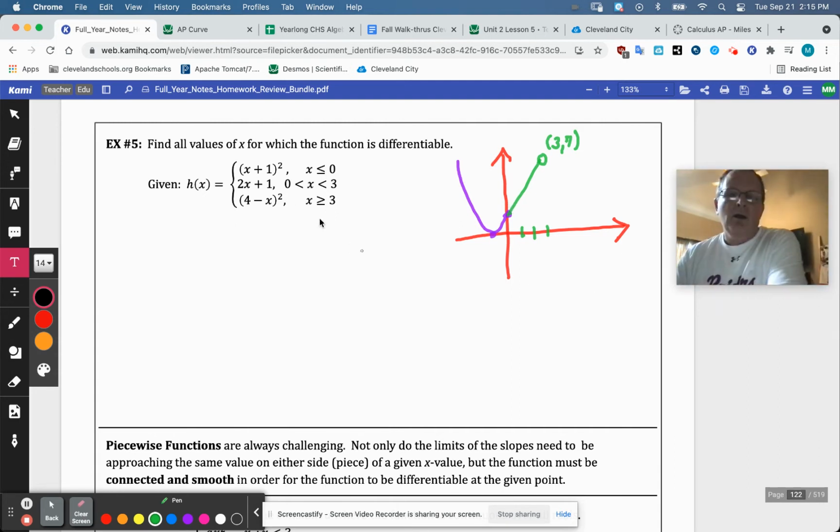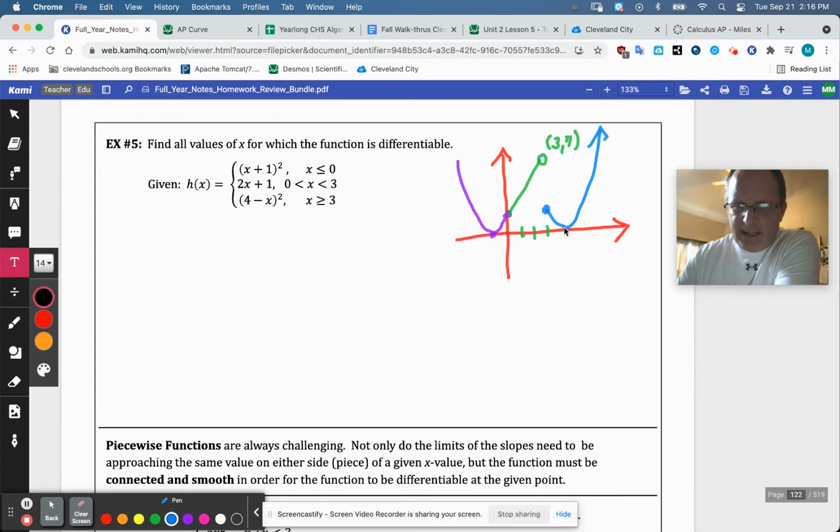Over here, we're good because if you put 3 in, 4 minus 3 is 1, and 1 squared is 1. So let me change colors for that. Let's go blue. The blue down here is going to have a closed circle here, and it's going to continue and hit at 4 and be a parabola after that.